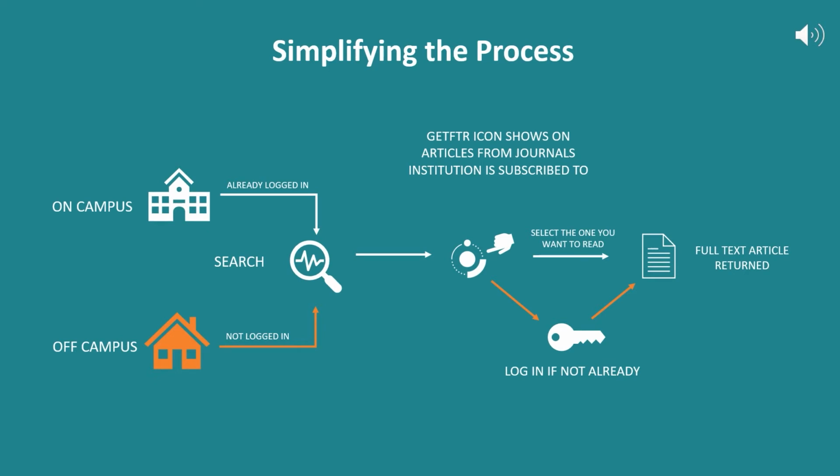So let me talk a bit about the process itself. There are really 2 pathways here. If you look on the left-hand side of this slide, there's what we are calling the on-campus versus the off-campus pathway. So if you are on campus, and by that we would mean either physically located on campus, or virtually on the campus network through a VPN server, and therefore have a campus IP address associated with your computer.